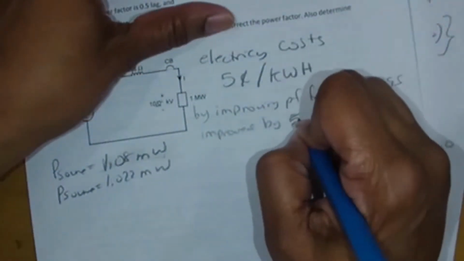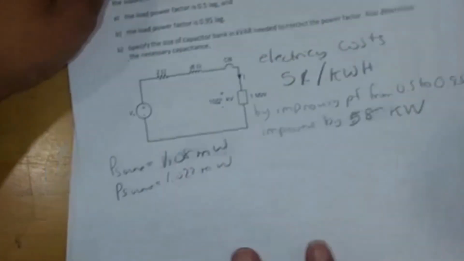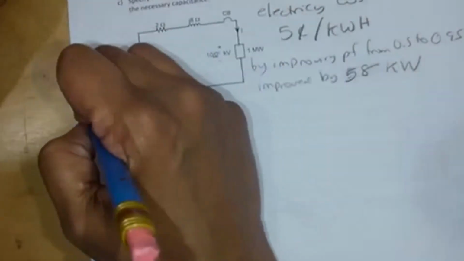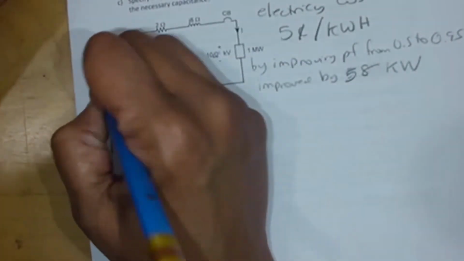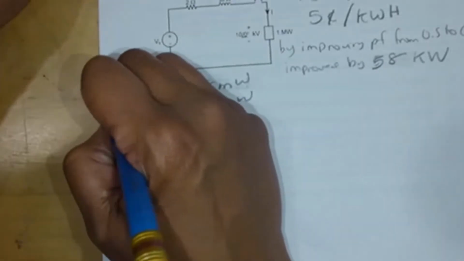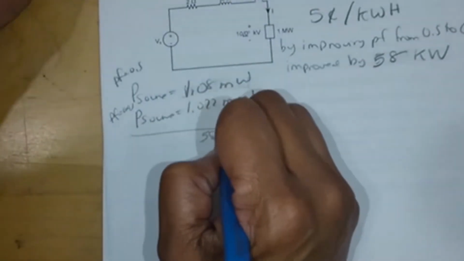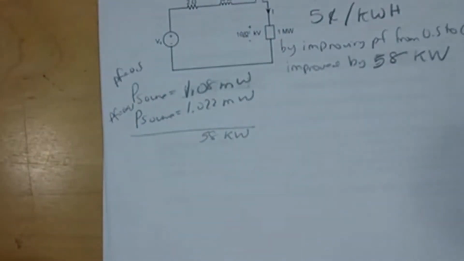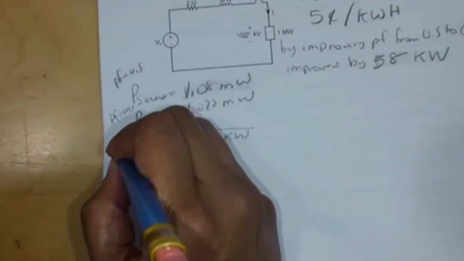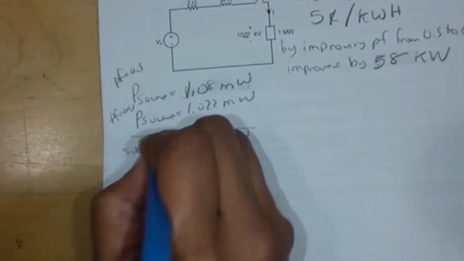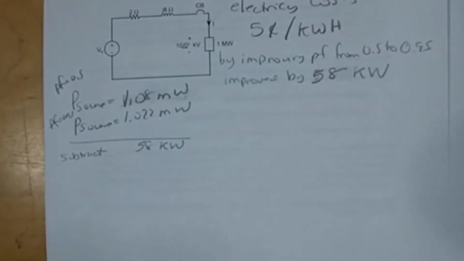Okay, so here's the power factor at 0.5. Here's the power factor at 0.95. And if you subtract those two, you get 58 kilowatts, right?